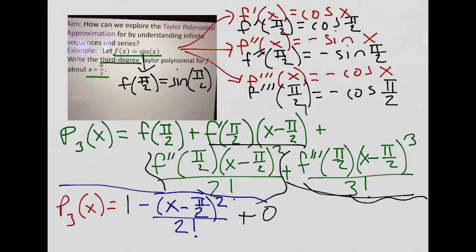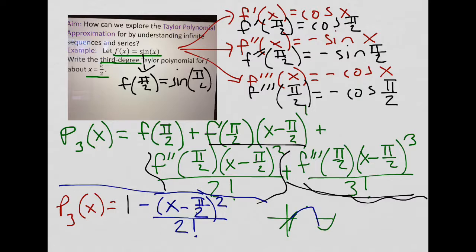So what do we end up with? If you think about what the curve for f of x is, sine of x, and it's centered at pi over 2, what we're creating is a parabola that opens downward, and I did not draw that very well, but if you look at our expression, this makes sense.